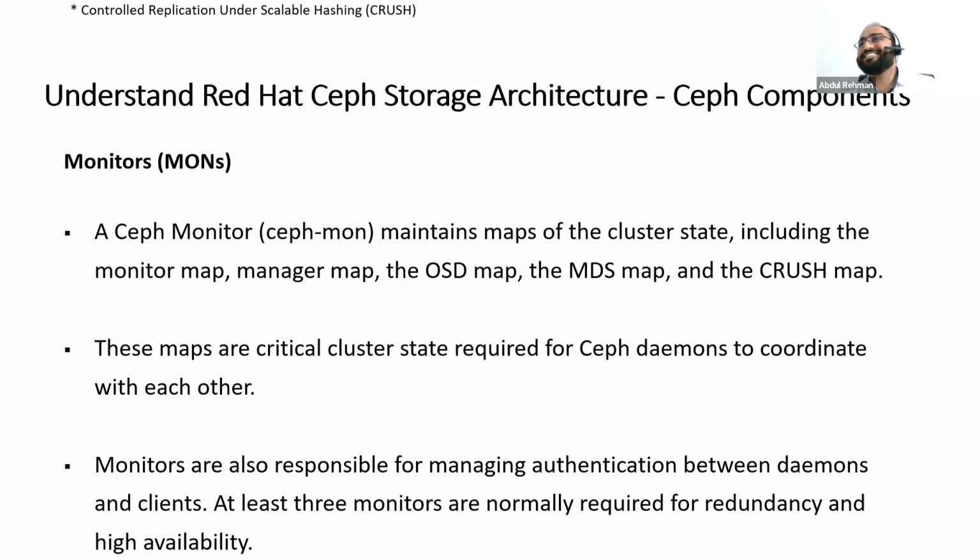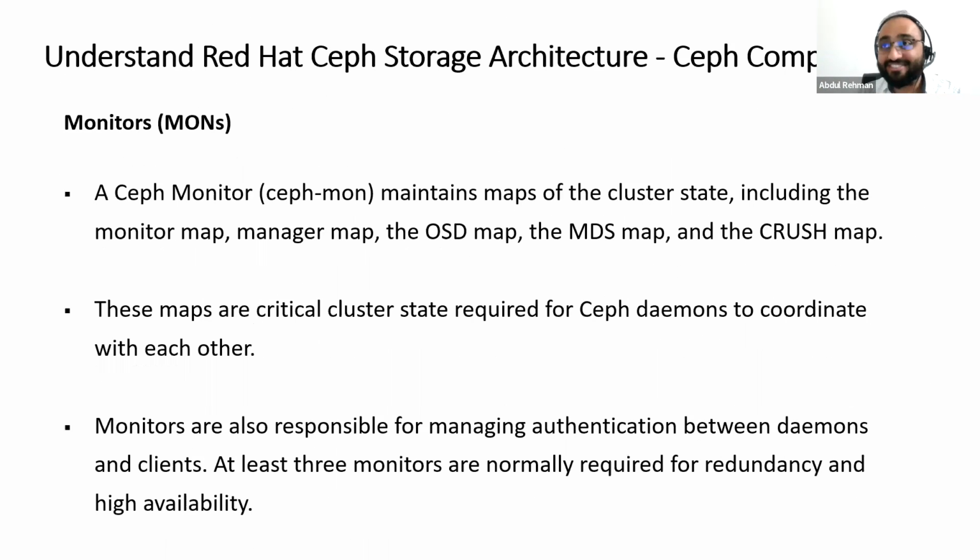Okay, so what are monitors or Cephmons? Cephmons maintain the map of the cluster. What we mean by the map of the cluster is, let's say we have a total of 3 storage nodes, and then we have 3 other nodes called Mon and MGR.